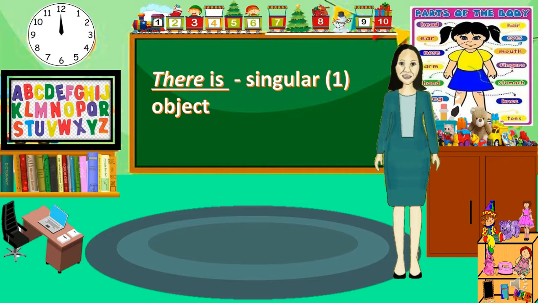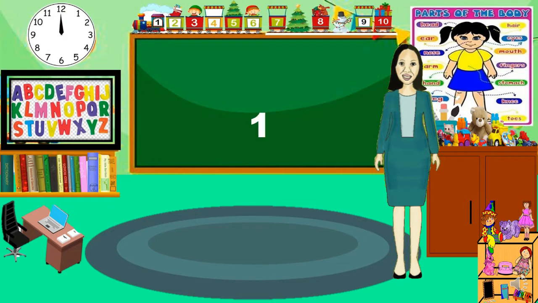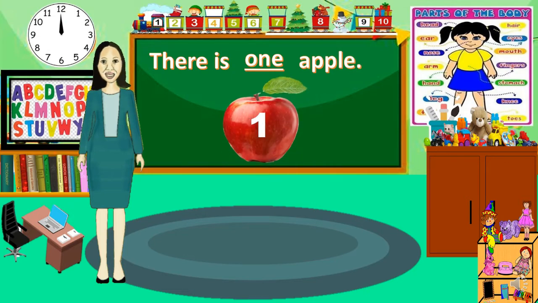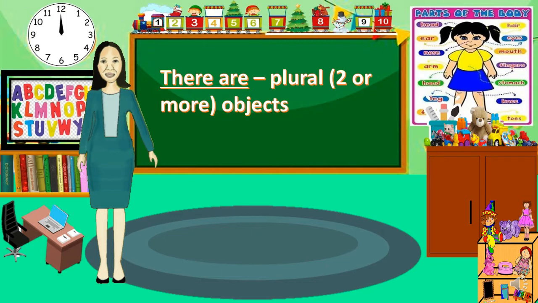Okay, like here, I have an example for you. There is one apple. There is only one. You're going to say there is because you have only one apple or one object. Okay? Now, another answer that you can use is there are.